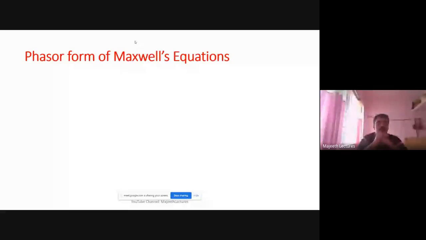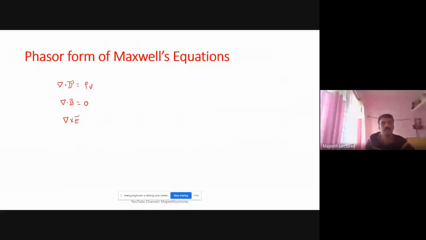So before learning wave propagation through various medium, we must understand phasor form of Maxwell's equation. From Maxwell's equation only, we come to know that a wave can be propagated. So first, this must be written in the form of phasor, right? So let us start with Maxwell's equation. We know that from Maxwell's equation, del dot D is equal to rho V. Del dot B is equal to 0.